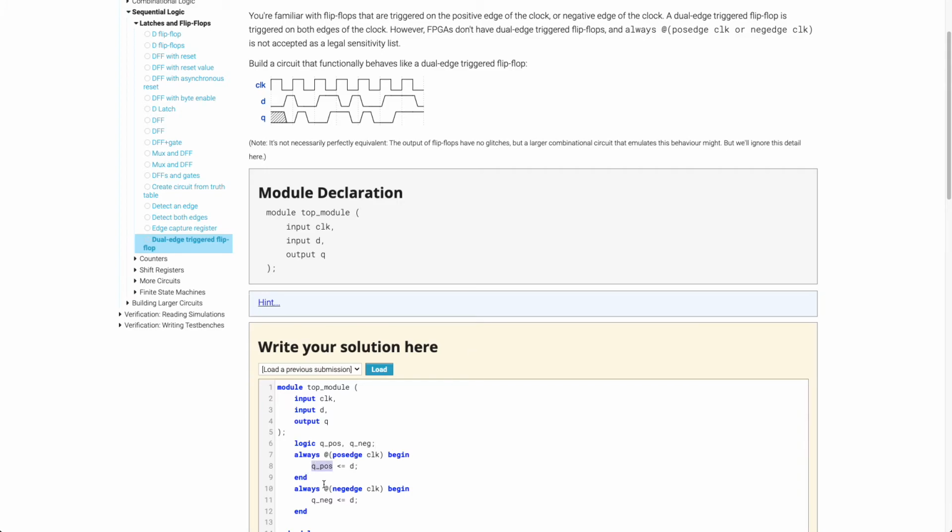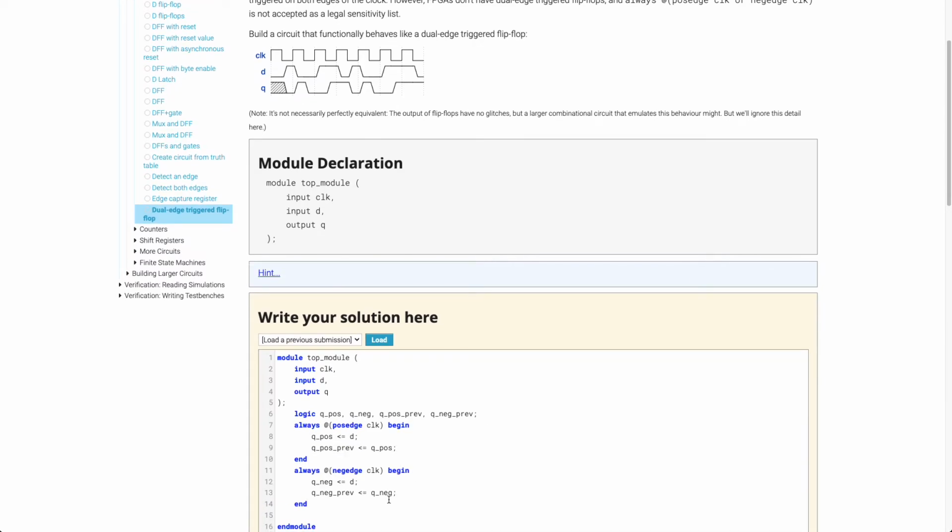If Q pos is 1, oh, I see. So this is delayed by a cycle, and then I can say updated.